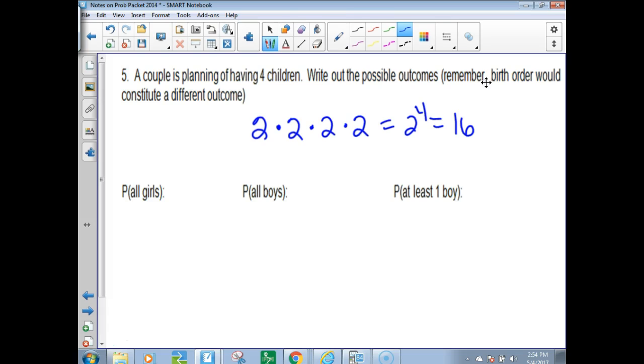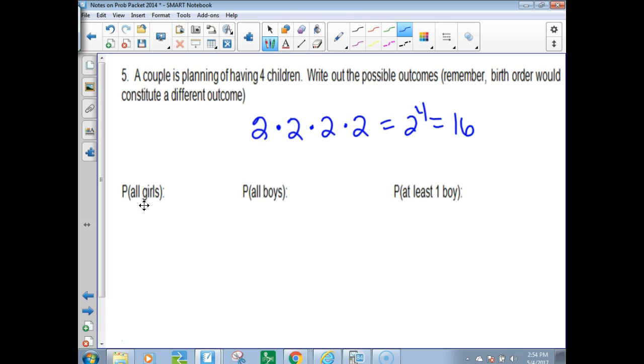So having a boy, then a girl, then a boy and a boy is not the same as having a boy, then a girl, then a boy. That's different. Okay, so I'm going to show you how to get them all in just a little bit. We're going to do a tree diagram to get every possible combination. There are 16 ways for this to come out.